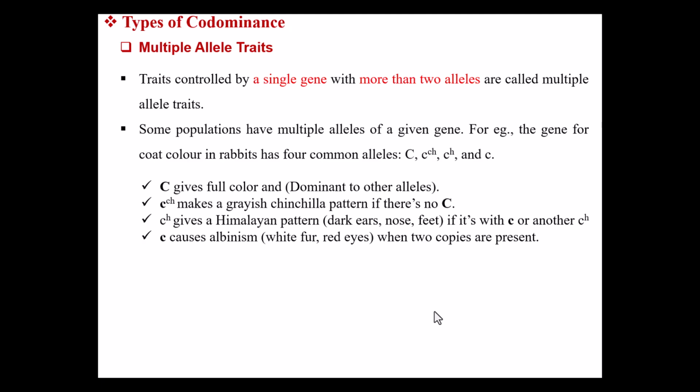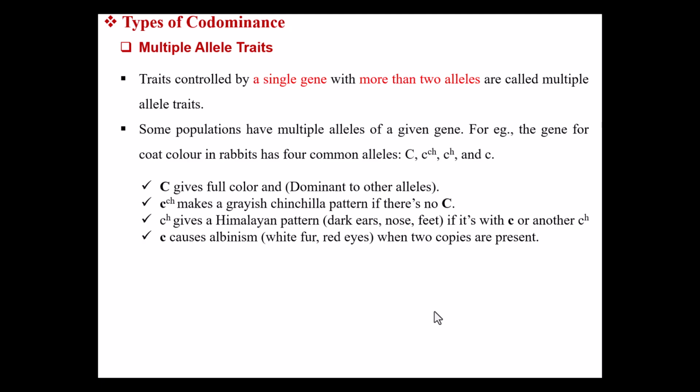In this trait, we're going to have 4 different alleles. As you can see, we have capital C, c-ch for chinchilla, c-h for Himalayan, and lowercase c.